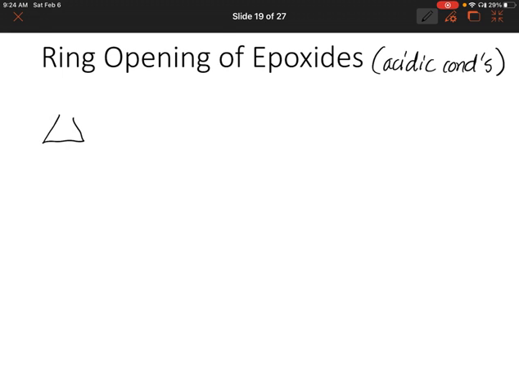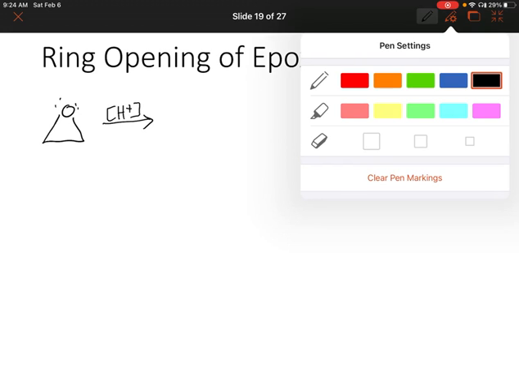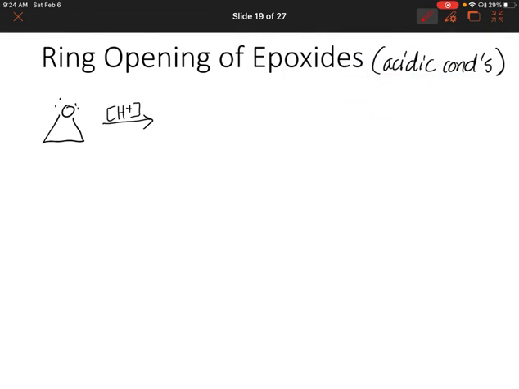So let's use our simple epoxide again. But this time in the first step, we're going to add acid. And that could be sulfuric acid, for instance. So the oxygen this time is going to grab onto a proton and become positively charged.